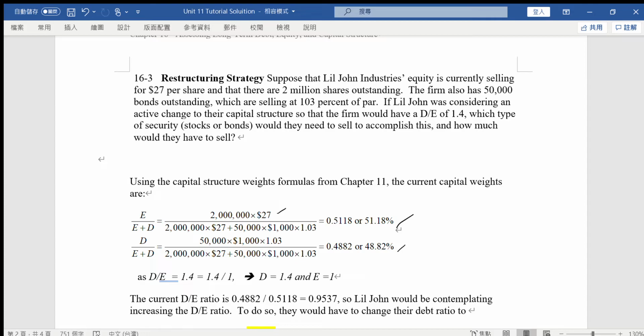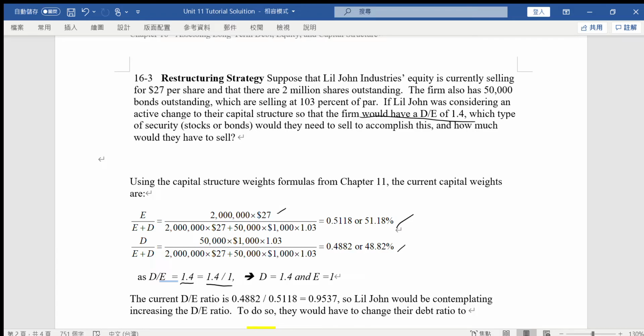But now you will find that the question mentions a new proportion in the debt to equity ratio, which will be changed to 1.4. What does this mean? If debt to equity is equal to 1.4, we can convert it this way: 1.4 over 1.